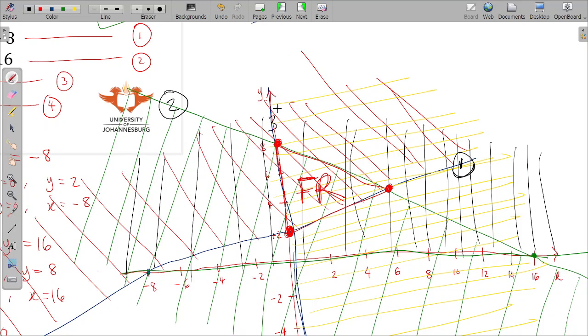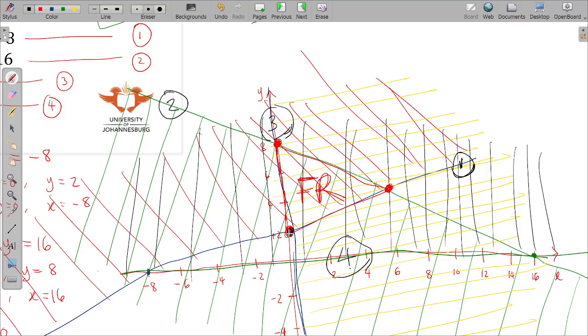Line 3 is the one for x equals to 0, and we shaded to the right. Line 4 is the line for y equals to 0, and we shaded up. So this now brings our feasible region to this point.